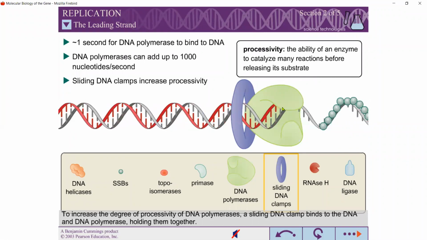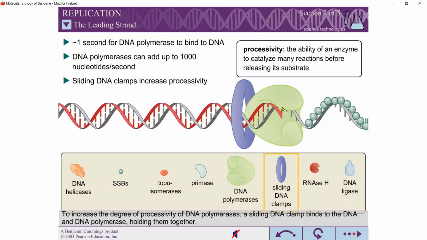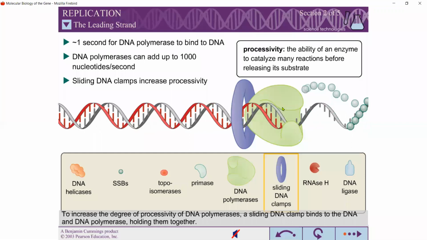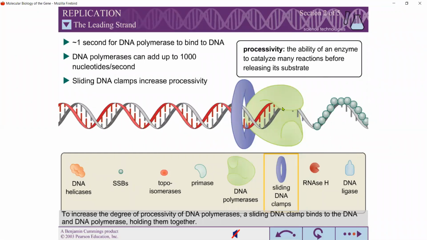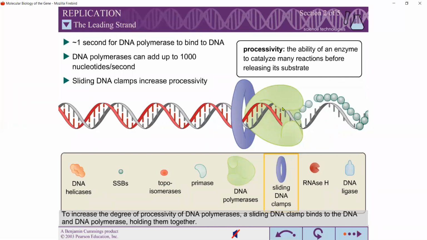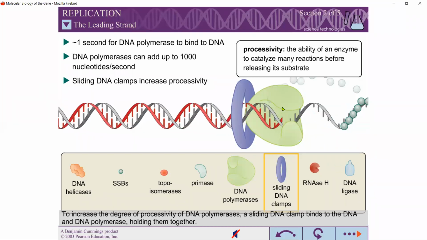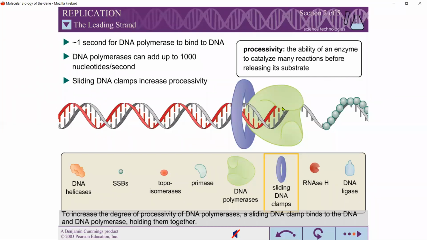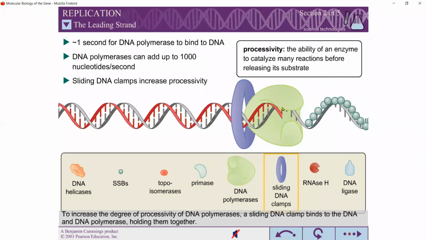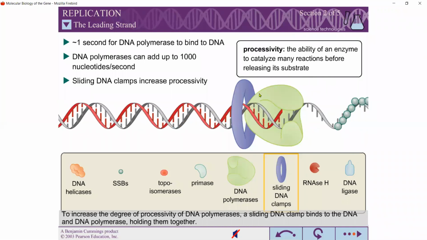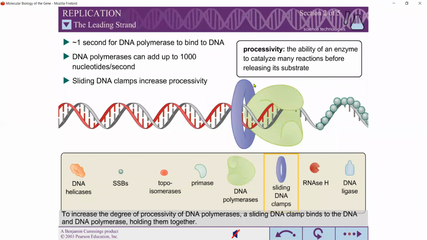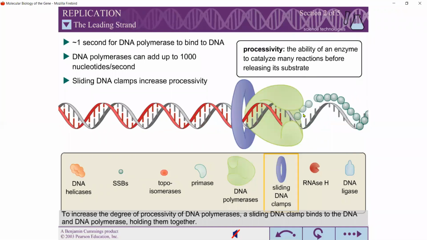So from 50,000 base pairs per binding event to 5 lakh base pairs per binding event is facilitated by this molecule, which is known as the beta sliding clamp.